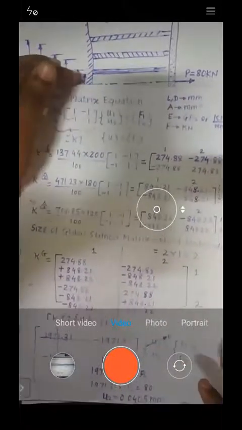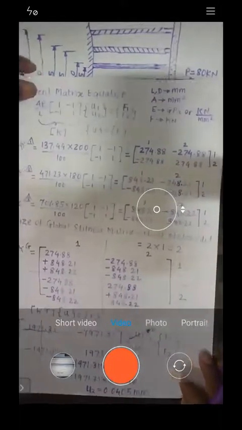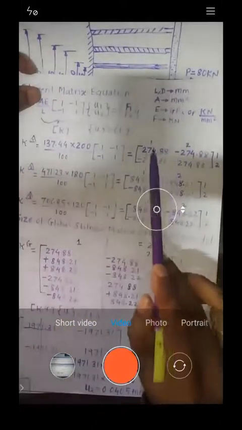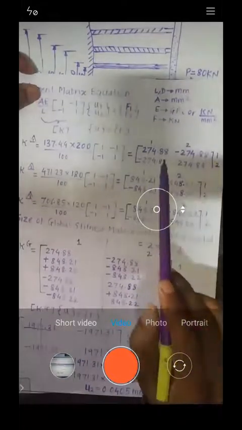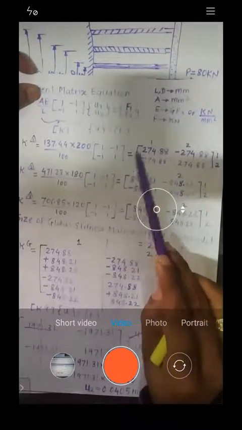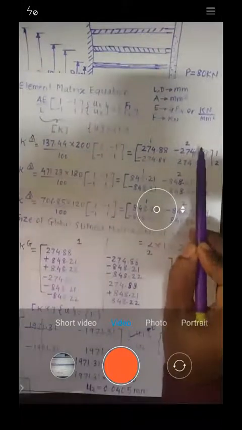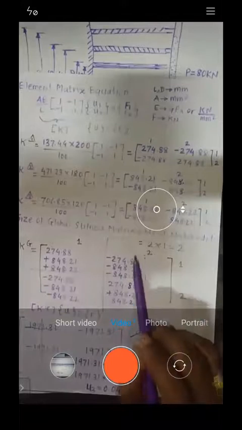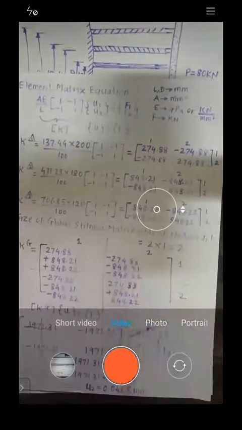Now, how to form these global matrices? See here, the stiffness matrix for element number 1, with locations 1 2 1 2. The location of this term is 1 1, so at 1 1 I will put this value 274.88. Now this one is at 1 2, so at 1 2 it is minus 274.88.